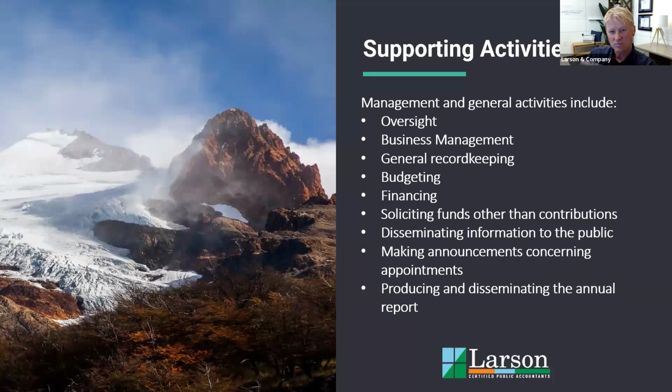So if you're soliciting contributions specifically, that's going to go into fundraising. Making announcements concerning appointments, producing and disseminating the annual report. So just the types of things that are necessary to do in the organization, but don't directly benefit or fulfill the mission of the organization.